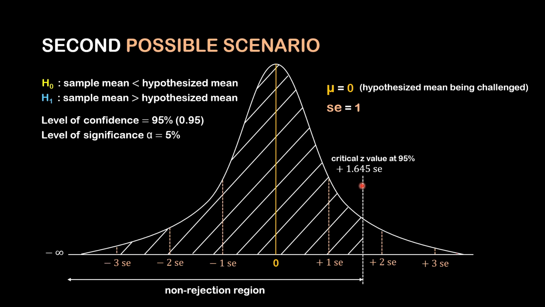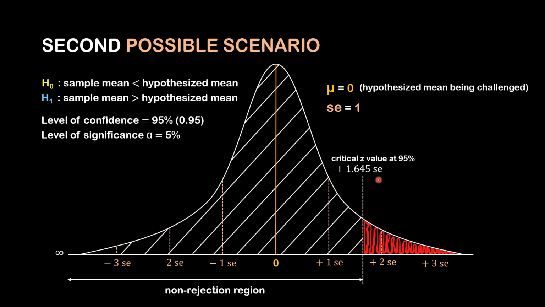The significance level is again 5%, it doesn't change, but this time we have more probability located in the same tail, in the right tail. Therefore, the critical z-value here is no longer 1.96, it's less, it's 1.645.